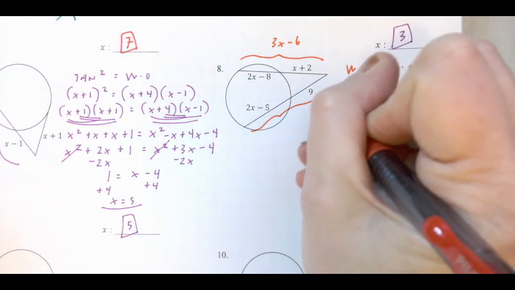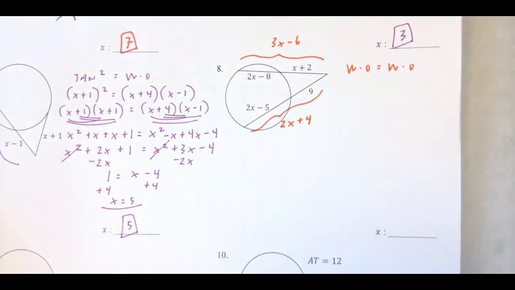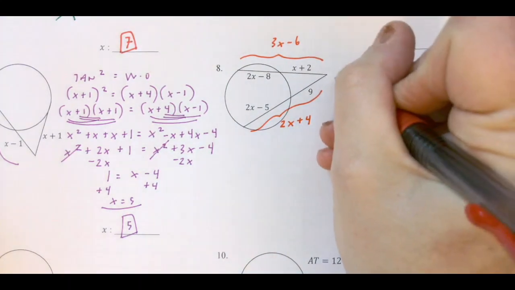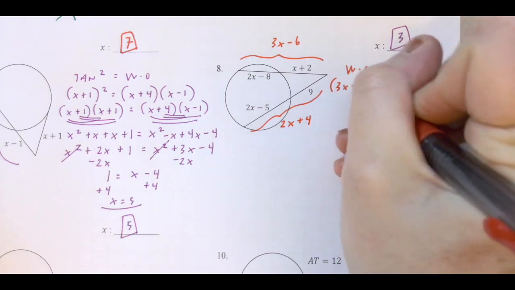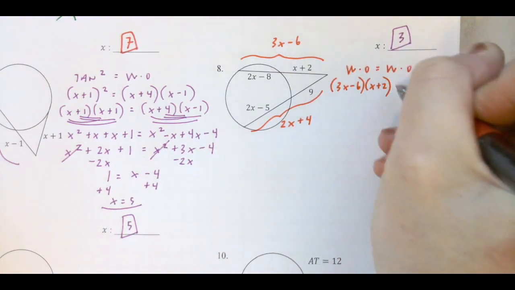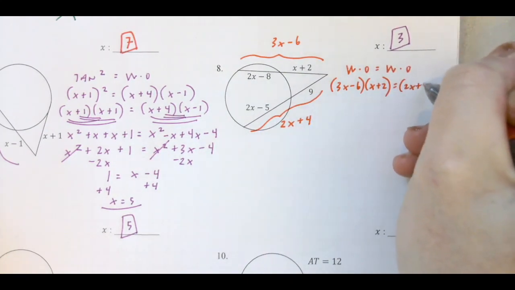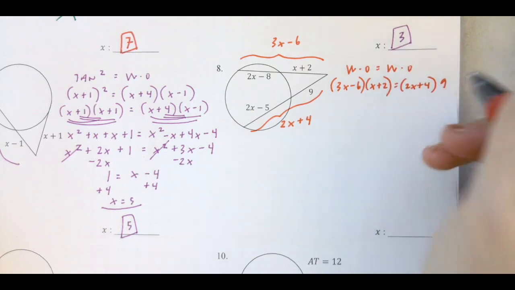And then if I do the same thing here, 2x plus 4. All right, so my whole on the top is 3x minus 6. Outside is x plus 2. Down below, the whole is 2x plus 4, and the outside is 9.